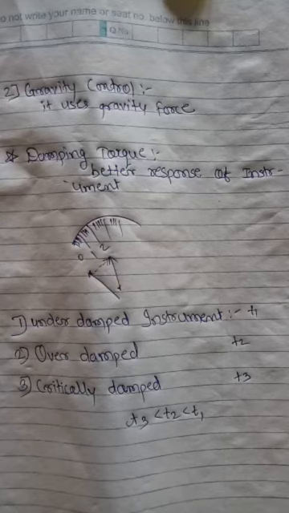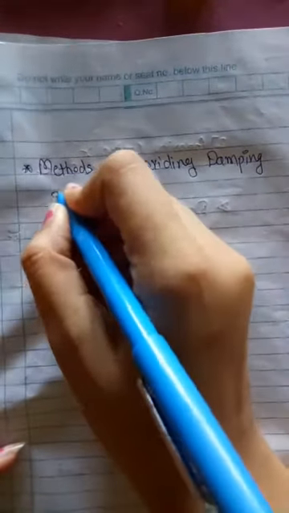Then after that we will study the methods of providing damping. The damping can be provided with the following methods. First is air friction damping.